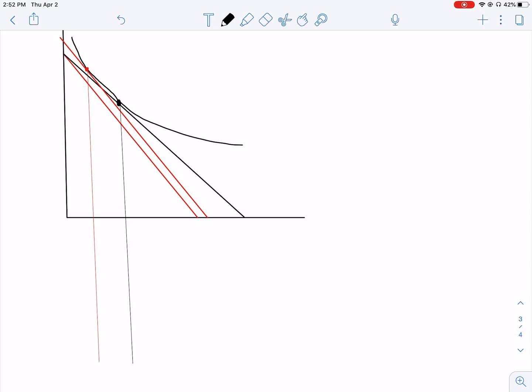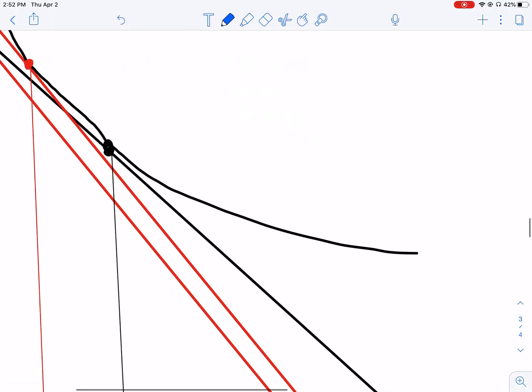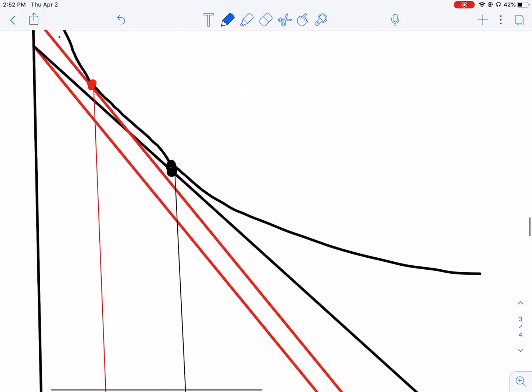And then let's say the new optimal decision is, no, this is not the one, sorry. Okay, so let's say your optimal decision is here.